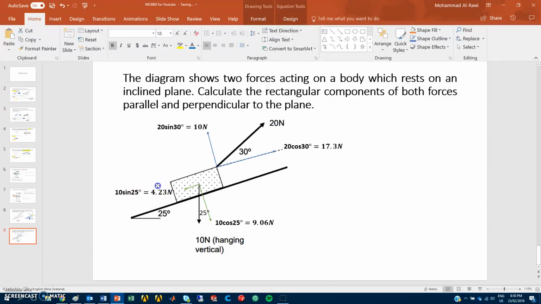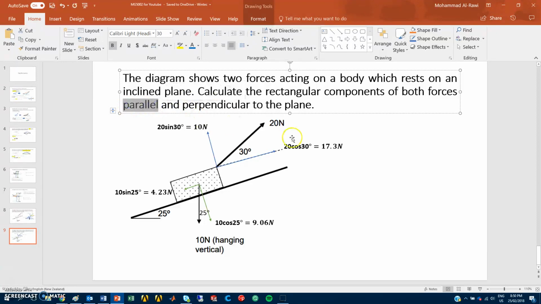So by this, we managed to determine the rectangular components of both forces, parallel and perpendicular. Now it just needs us to define each one of them. So if we want to say how we can find the parallel forces, we start with the parallel components.